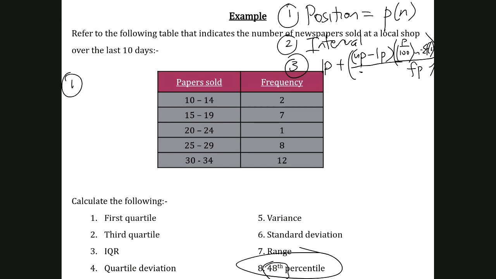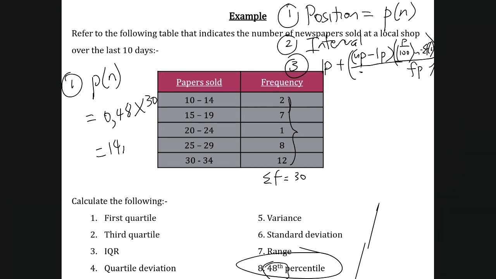P is 48, which will convert to a decimal, so 0.48 times N. Your N is the sum of your frequencies, so 2 plus 7, 9, 10, 18, and 12 gives you a sum of 30. So 0.48 times 30 gives you a position of 14.4. So you're looking for the 14.4th value.